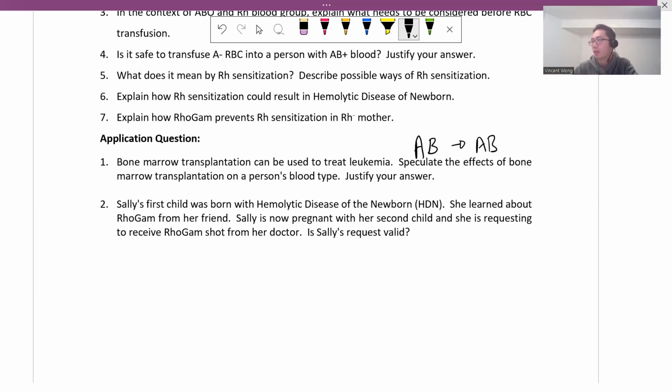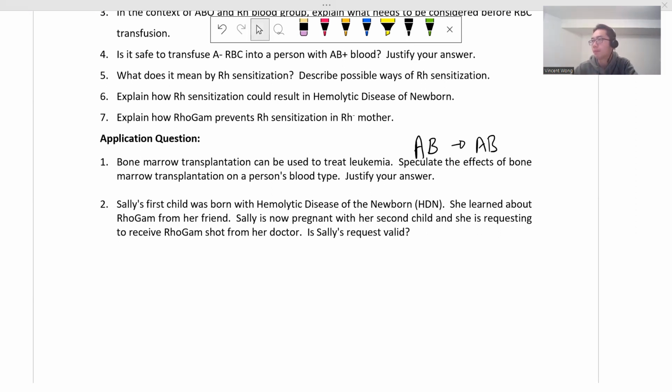Anybody have a follow-up? Yes, Professor. What is the difference between transplantation and transfusion? Transfusion, you're only giving the red cells, right? So the red cells are not going to live forever. They go into your blood and they will be there for like a couple weeks or at best a few months, right? And then it's going to be gone. It's not a permanent thing.